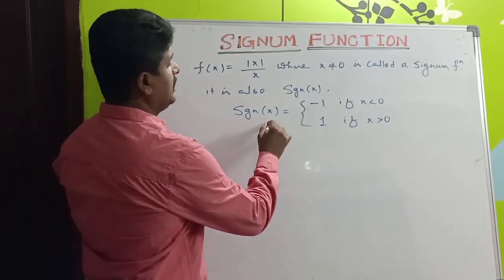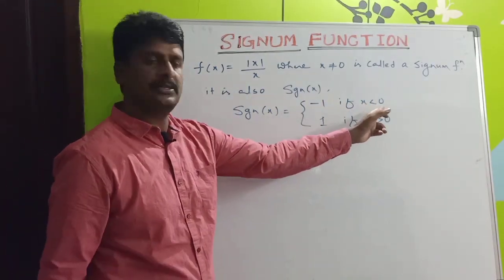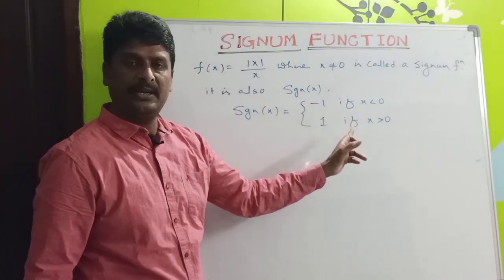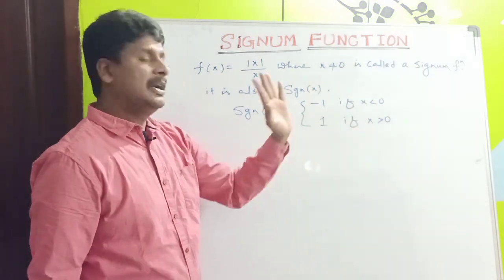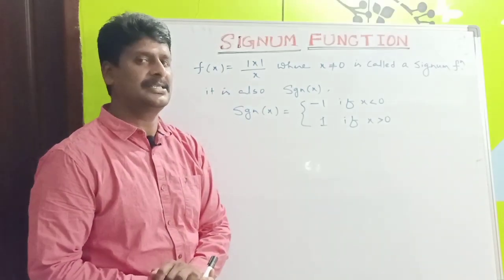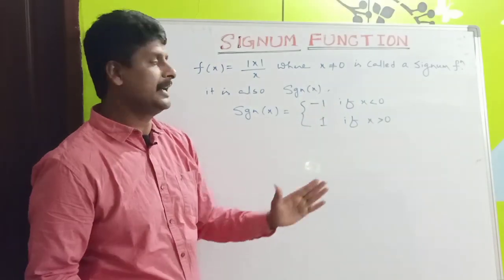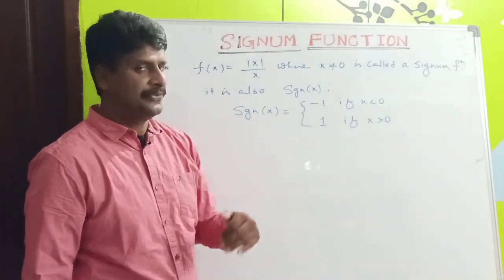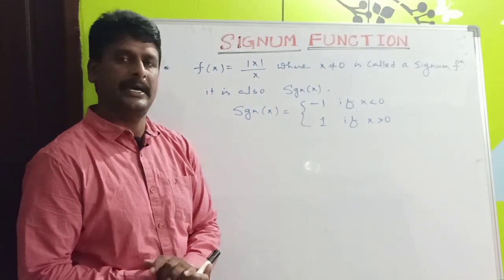So Signum of x is nothing but minus 1 whenever x is less than 0, plus 1 if x is greater than 0. Observing the definition of the Signum function, it is not defined at x equals 0. For x less than 0 it is defined, and of course, for x greater than 0 also it is defined. For x equal to 0, it does not exist.